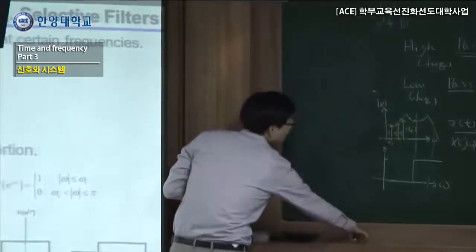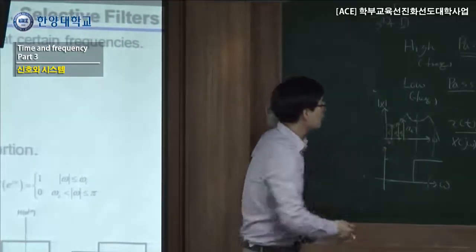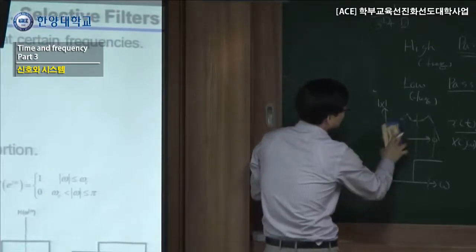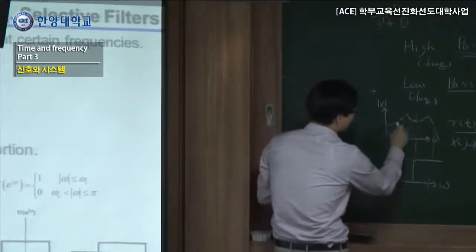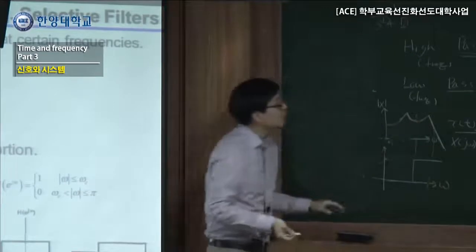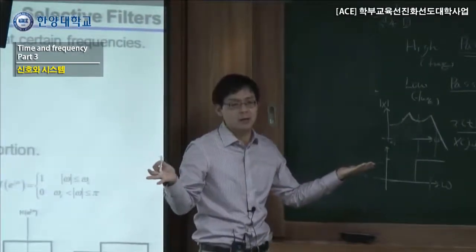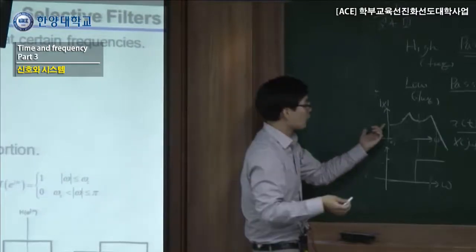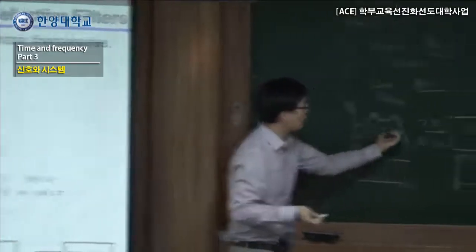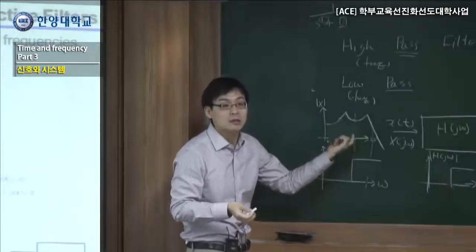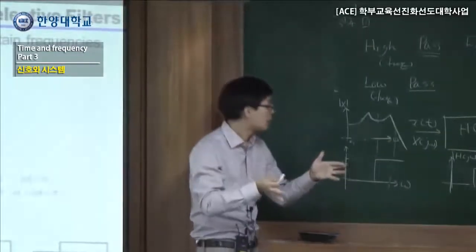So this one, if you draw it like this, you can think that this is a signal that has many frequencies. It may be frequency from here to here. They have a component in every frequency that you can think of in time domain.